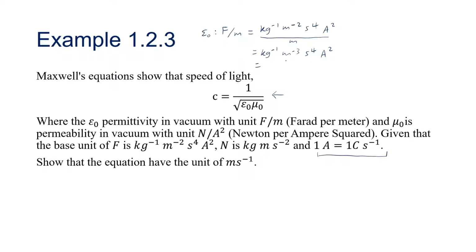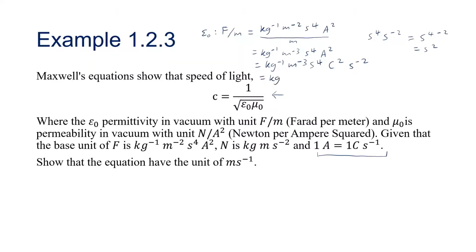inside, you will get kg to the negative 1, meter to the negative 3, s to the 4, and due to this square here, we have C squared and s to the negative 2. Now you see the multiplication of s to the power 4 multiplied by s to the negative 2 here will just equal s to the 4 minus 2, so we get s squared for the s term.